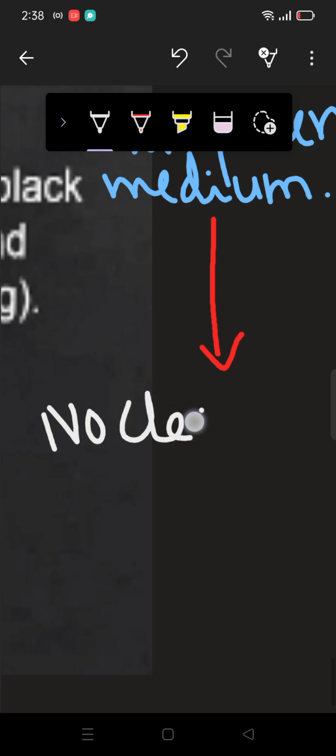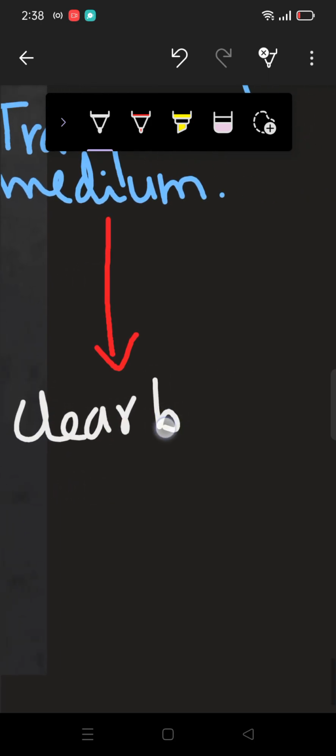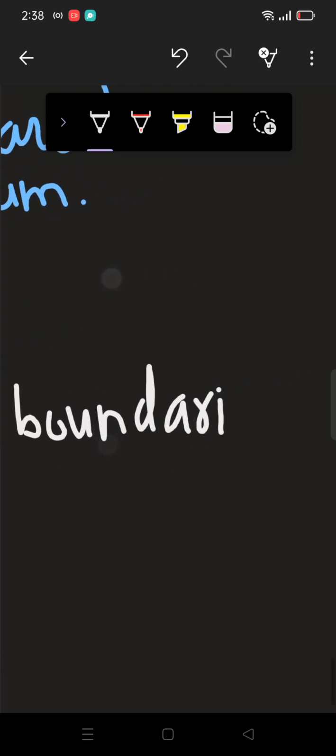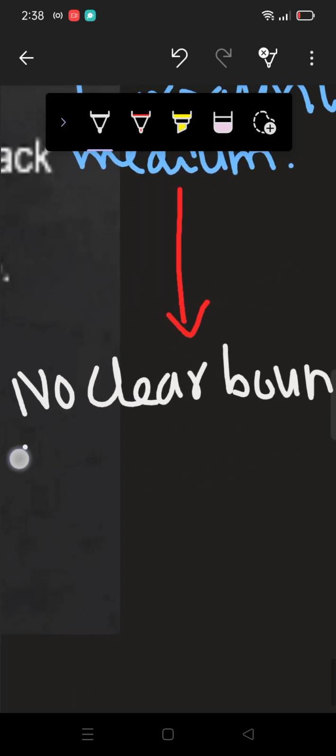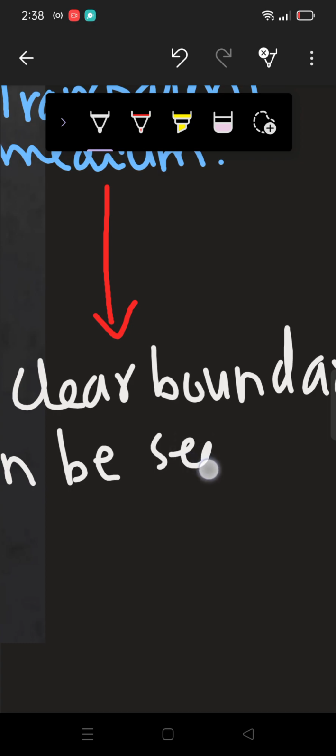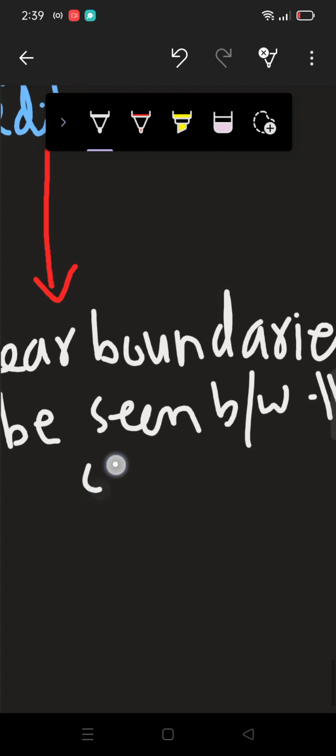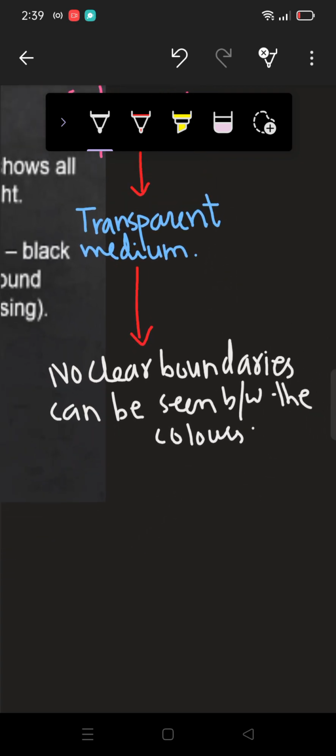No clear boundaries can be seen between the colors or the diffused colors.